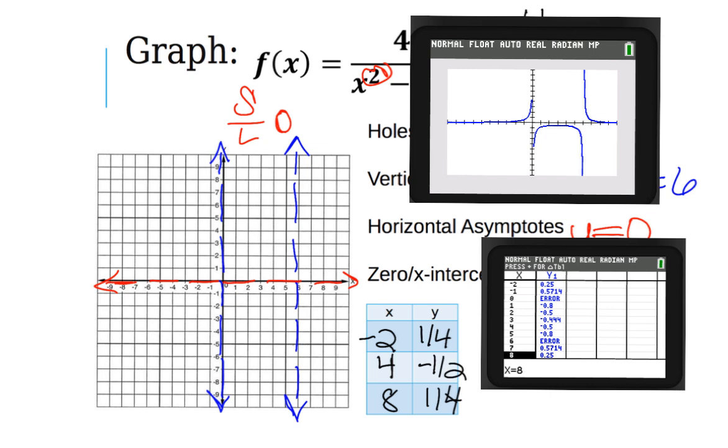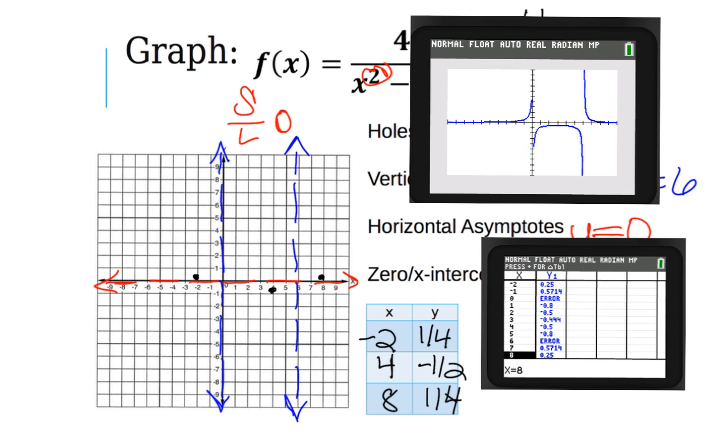So if I put these points on my graph, I have -2 1/4, I have 4 -1/2, and I have 8 1/4. So my graph goes through each of these points. Now I know on this picture here, it looks like the graph stops right here and right here.